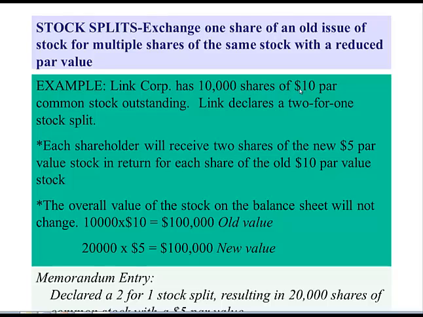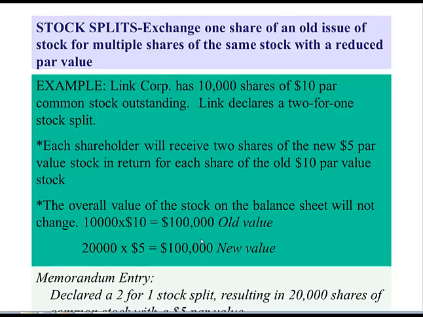So with the stock split, the value of the stock on the books actually doesn't change. Previously, there were 10,000 shares at $10 a share, which gives us a $100,000 value. After the stock split, we'll have 20,000 shares with a $5 par value, and that's still $100,000.